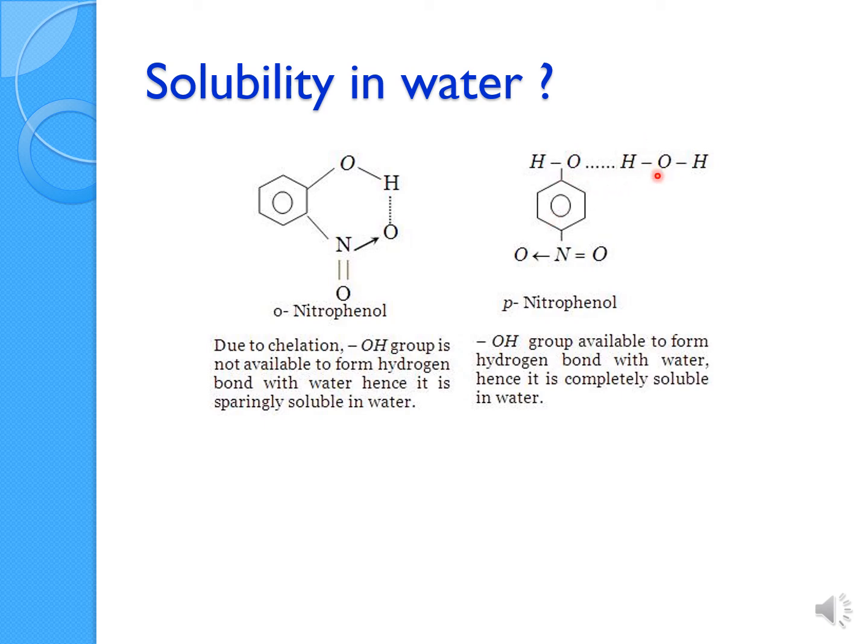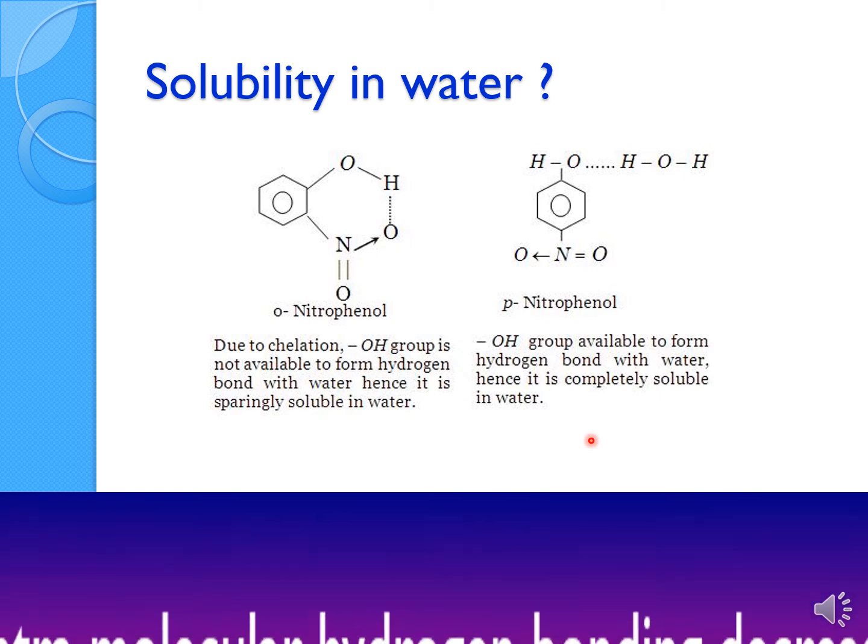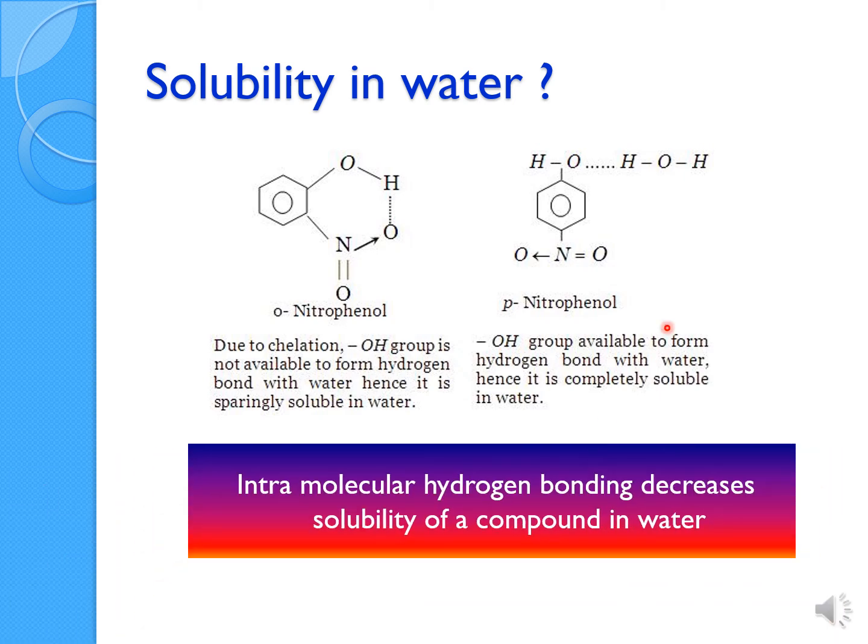So since intermolecular hydrogen bonds can be formed between paranitrophenol and the solvent water molecule, paranitrophenol will be more soluble in water. So out of these two isomers, which will be more soluble in water? Paranitrophenol will be more soluble in water. Or we can say intramolecular hydrogen bonding decreases the solubility of a compound in water.